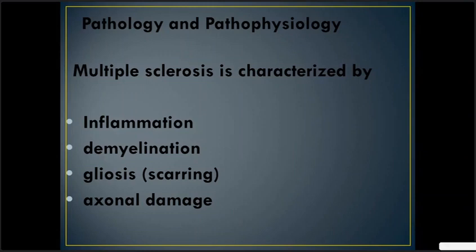Thereafter, gliosis will appear, and ultimately there is axonal damage, which is the hidden cause of the disability.